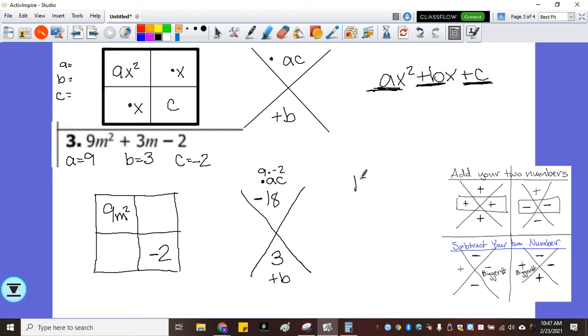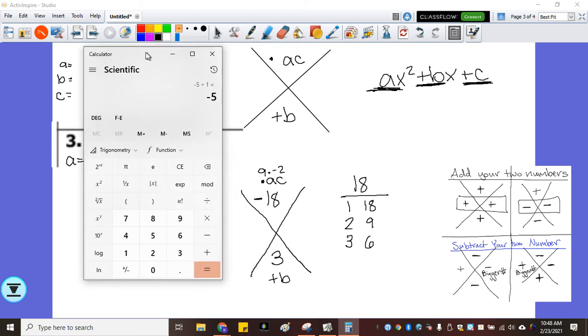So numbers that multiply to 18. 1 and 18, 2 and 9, 3 and 6.